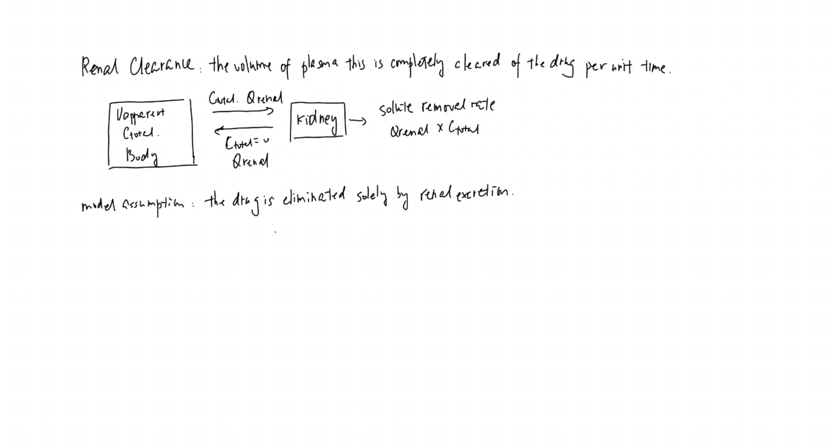Now the drug is being eliminated by the kidney. In the diagram, when it enters the kidney, it has concentration C total and a flow rate called Q renal, the renal plasma flow rate.